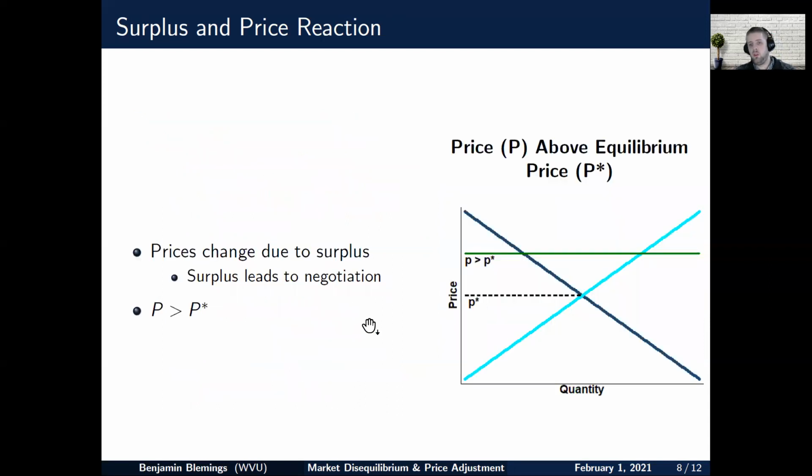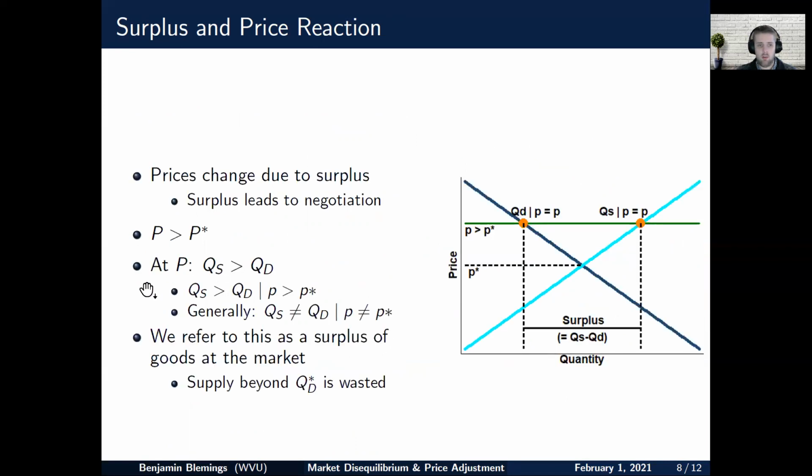And so what that would look like in a graph form is, let's say we have the price being above equilibrium price. So currently P is above P star, being here. And so in this case, at P, quantity supplied is greater than quantity demanded, this gap between them at P equals P. In general, quantity supplied will be greater than quantity demanded when P is above P star.